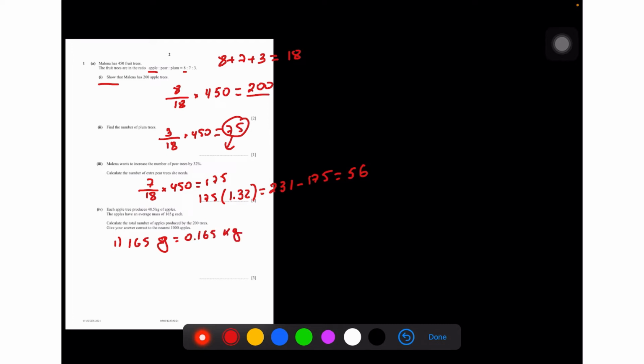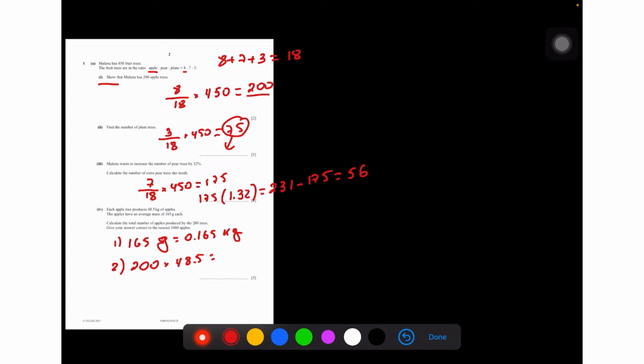And secondly, this 48.5 is for each apple tree, and there are a total of 200 trees.